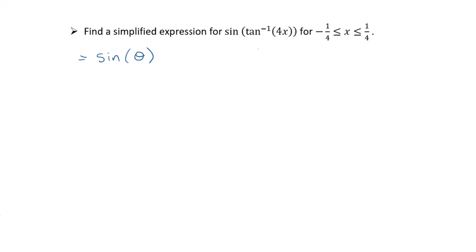Let's go ahead and make our right triangle and set this as angle theta. And I know that the tangent of that angle is 4x. That is opposite over adjacent. So 4x over 1. Now I need to find what the hypotenuse is.